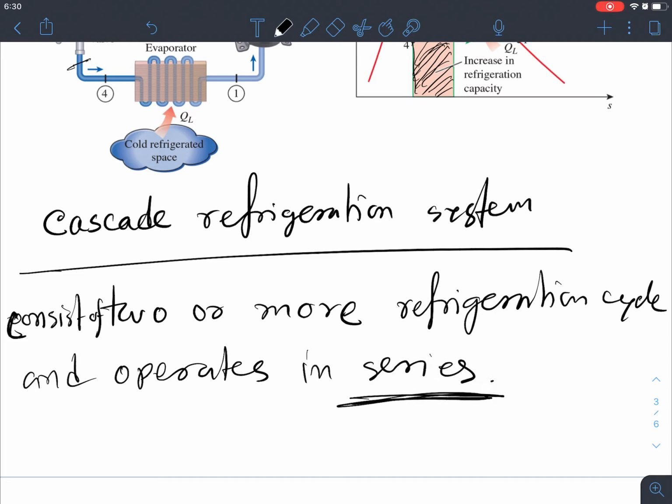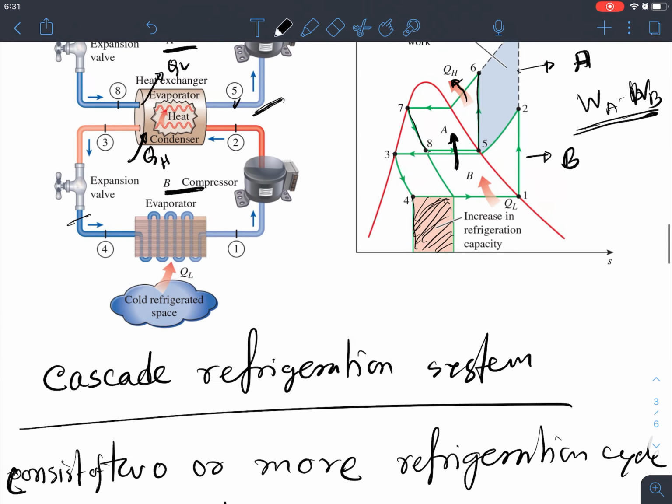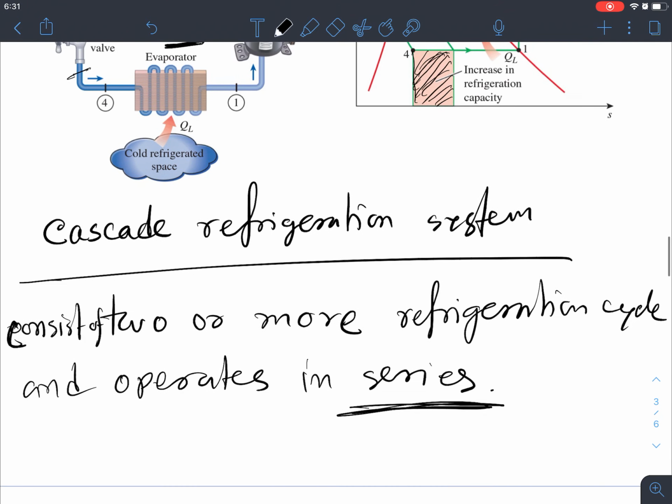This is important. They are not operating in parallel, they are operating in series. That means that one cycle is dependent on the other cycle. Okay, they're running simultaneously. That's basically the definition of the cascade refrigeration cycle.